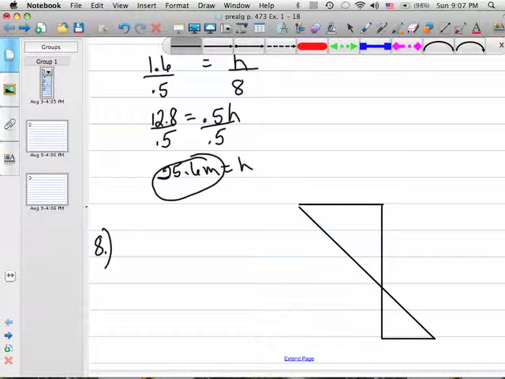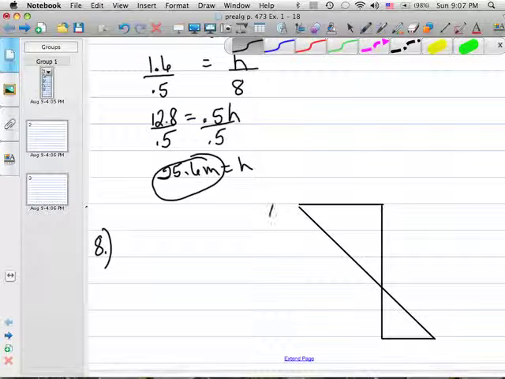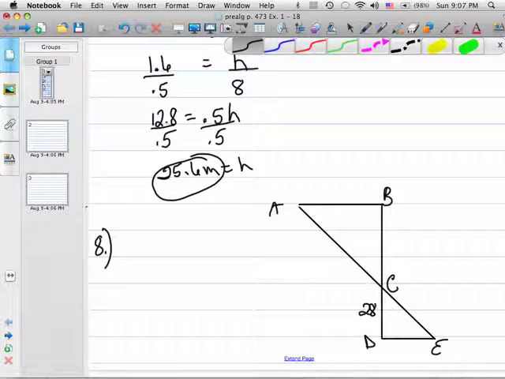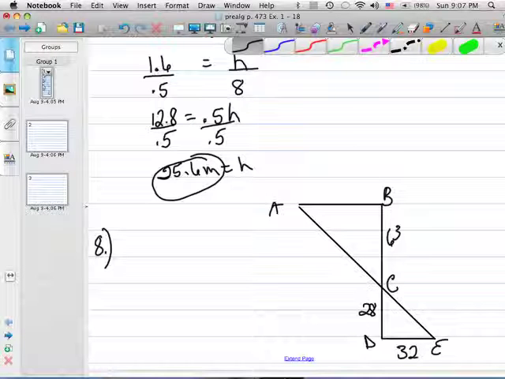And this is AB, C, this is D, E. And this is 28 feet, and this is 63 feet, and this is 32. And question number 8 asks which two angles are equal in measure as a result of the fact that DE is parallel to AB.